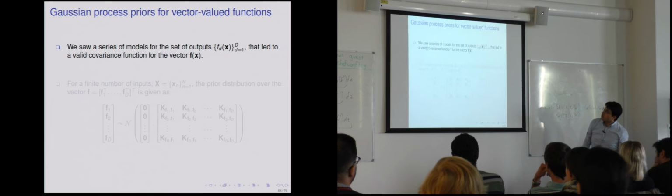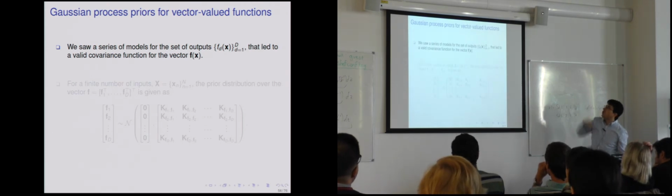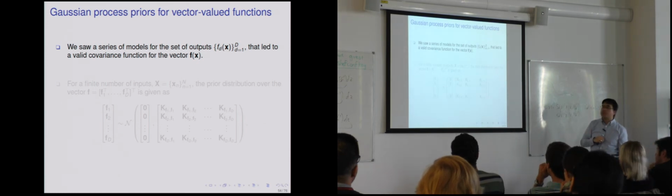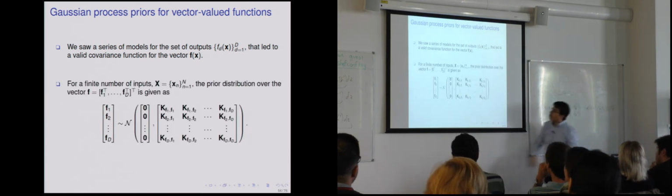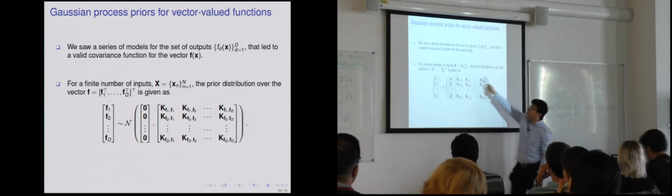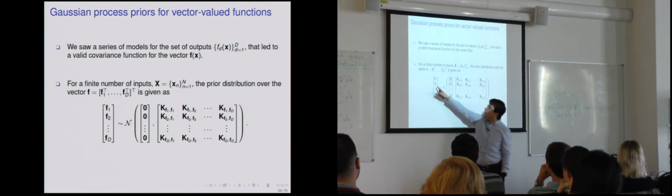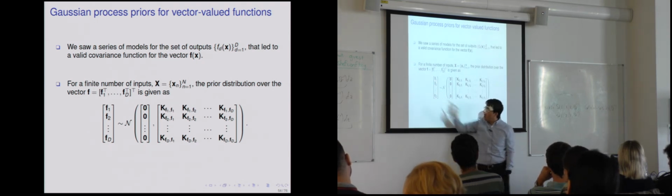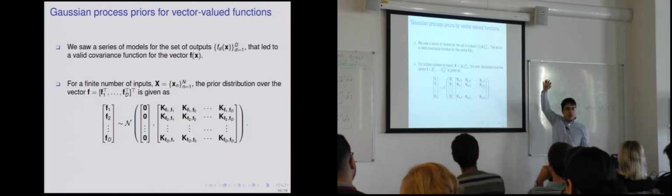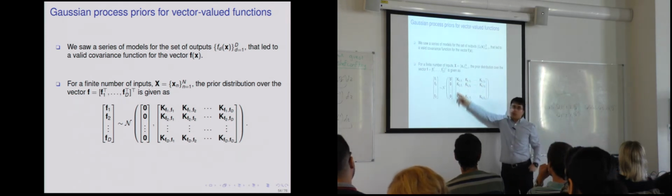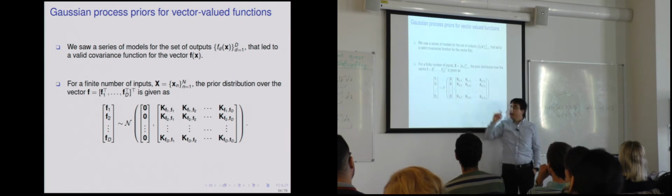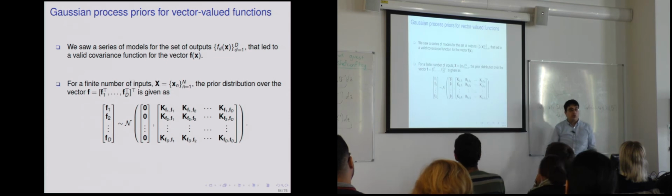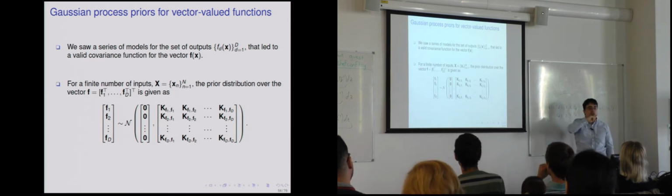So we have a set of outputs, then we compute a valid covariance function for those outputs. If we have an isotopic data case in which all the outputs share the same inputs, then we can stack the random variables associated to F1, the ones associated to F2, etc., until Fd, into a large F vector. Then we have ways to compute this big covariance matrix such that the blocks outside the diagonal are different from 0, so that we can exploit dependencies between the processes.